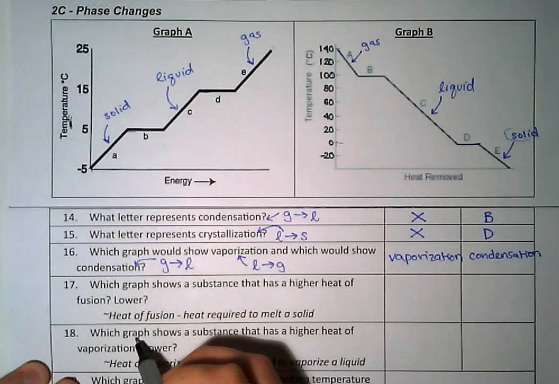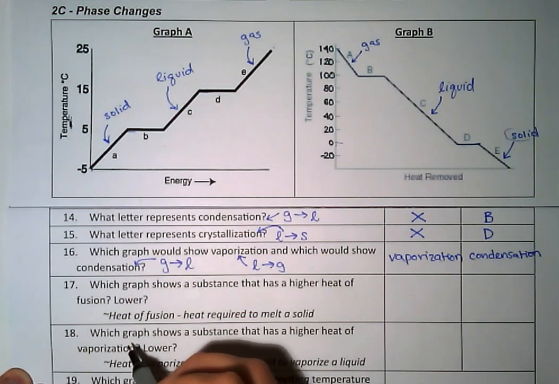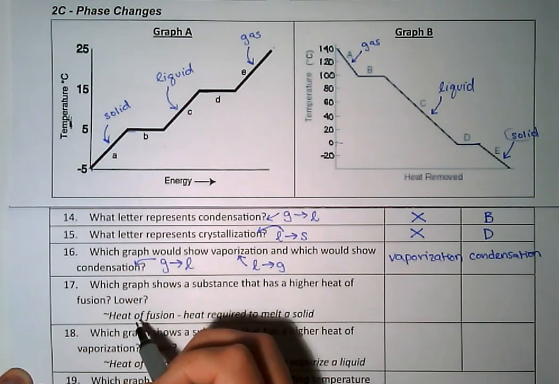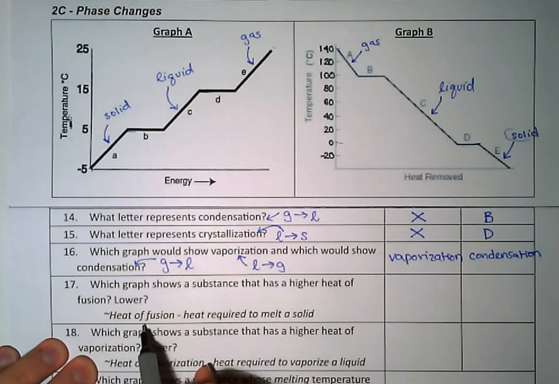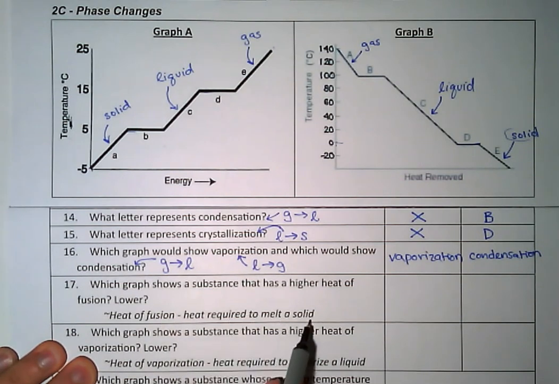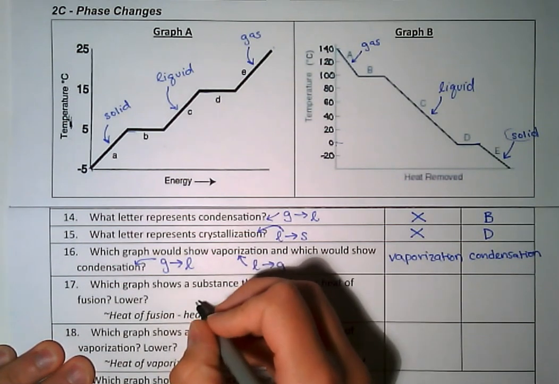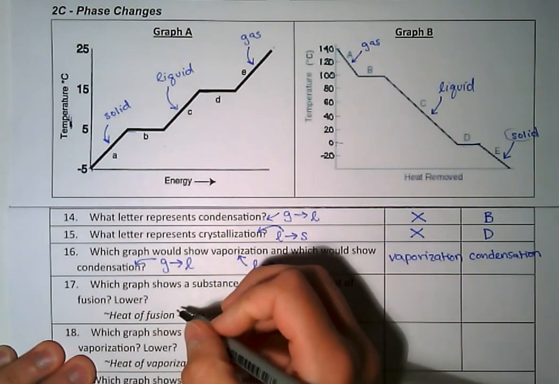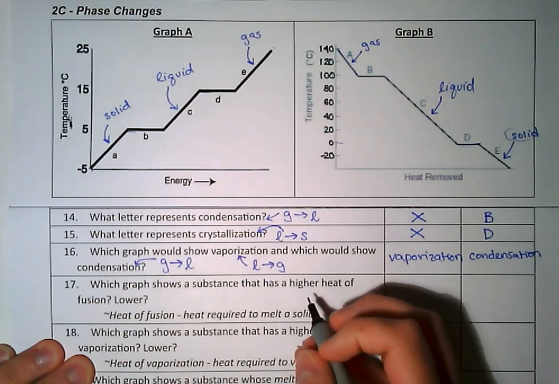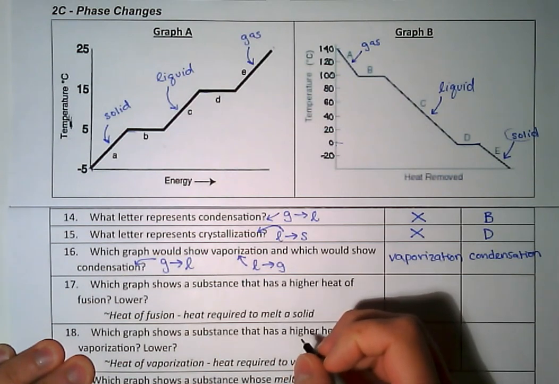Number 17, which graph shows a substance that has a higher heat of fusion, and which one has a lower heat of fusion? It tells you right here, in case you are unfamiliar with the word, that fusion is the heat required to melt a solid. So whichever graph shows less heat required to melt a solid.